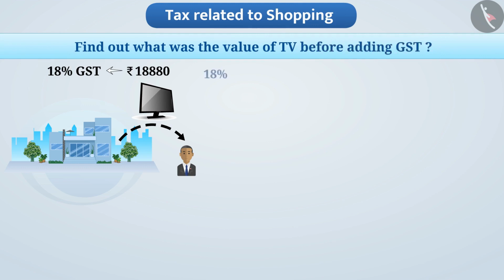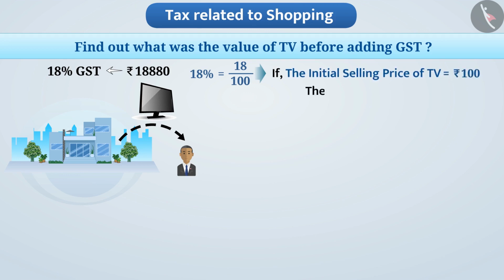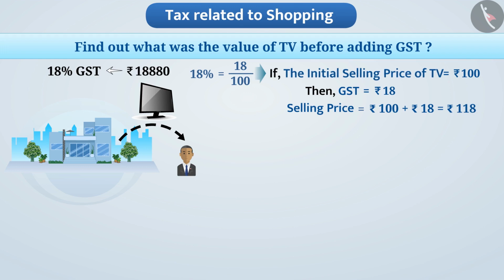18% means 18 by 100, that is, if we consider the initial selling price of the TV as 100 rupees, then it includes GST of rupees 18. Thus, the selling price will be 100 rupees plus 18 rupees, which is equal to 118 rupees. When the selling price is 118 rupees, then the initial selling price is 100 rupees.